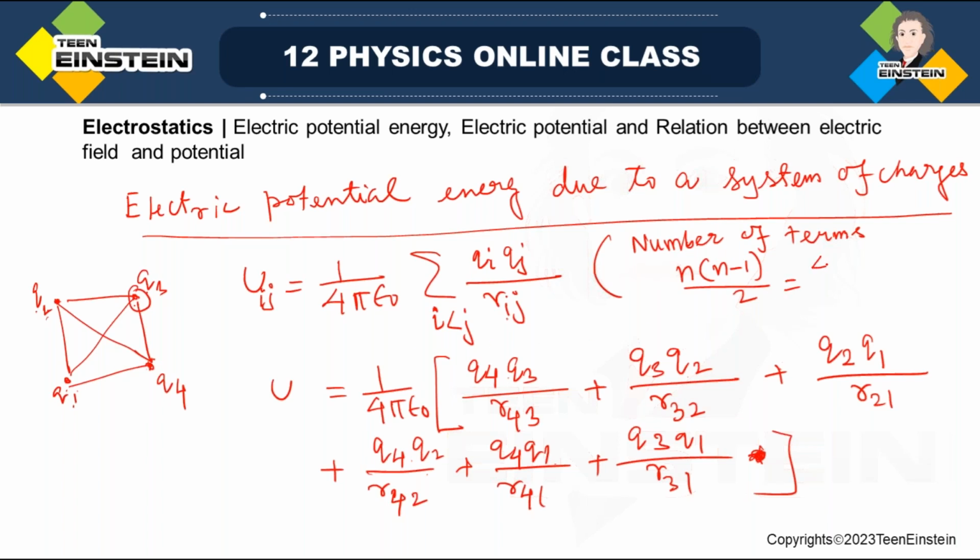So I can write 4 here. 4 minus 1 is 3, divided by 2, so there will be 6 terms. So you can be sure with this formula, n into n minus 1 divided by 2.